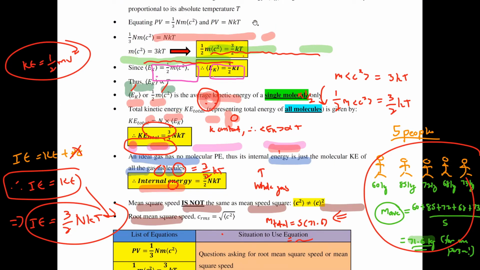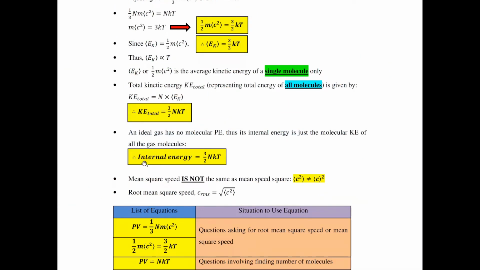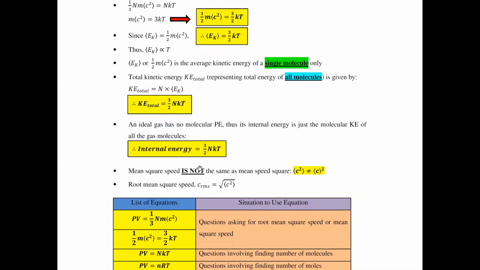The rest of everything from here on out should be quite simple. Now, mean square speed is not the same as mean speed squared. I explained this already in the previous part of the notes. Just be very careful about the terms that you're using, all right? And then after that, because the mean square speed is a square, you can actually square root it.